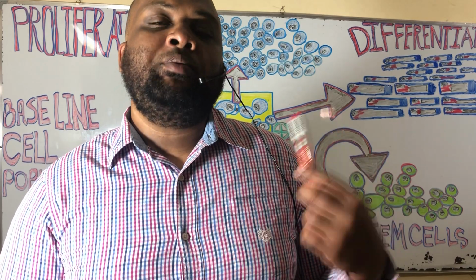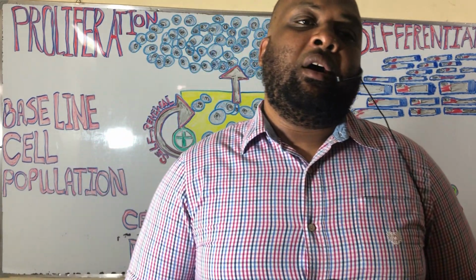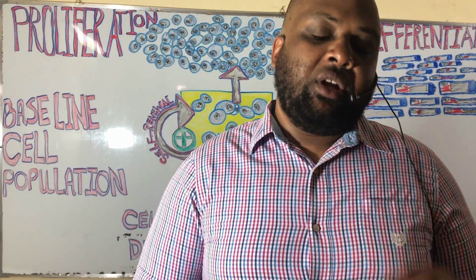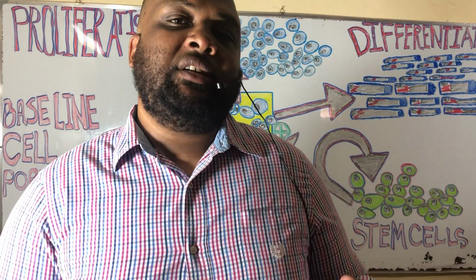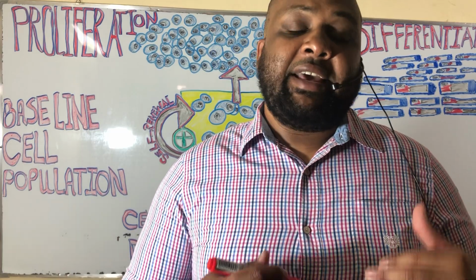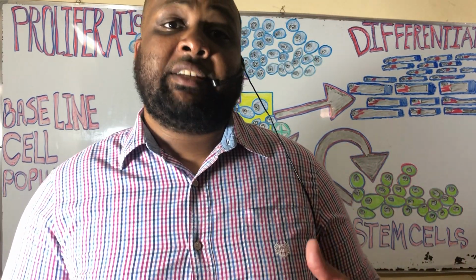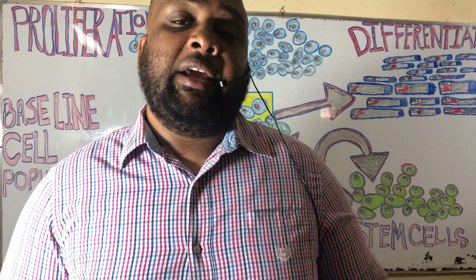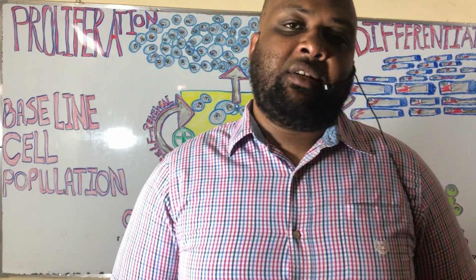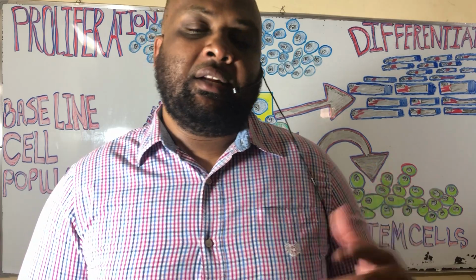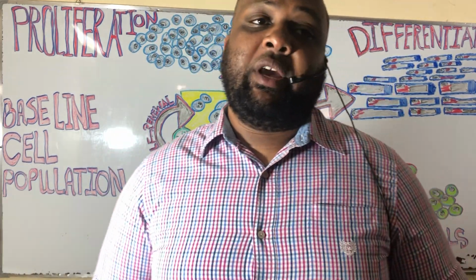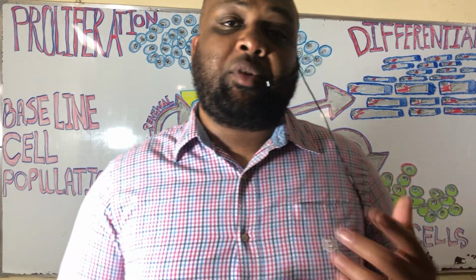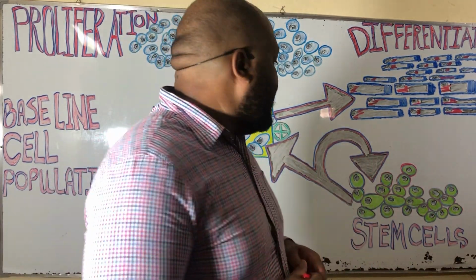So assuming a tissue was injured, those resident adult stem cells can supply a source of cells. They can themselves mature, differentiate and proliferate and give us more cell population. So that's the third way, stem cells intervening and engaging in the process of making up for cells.